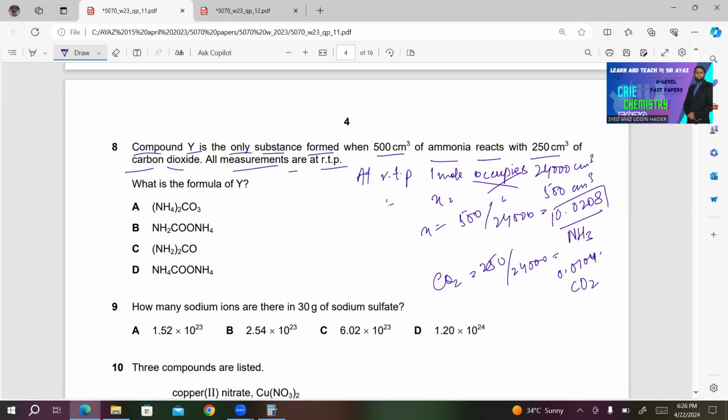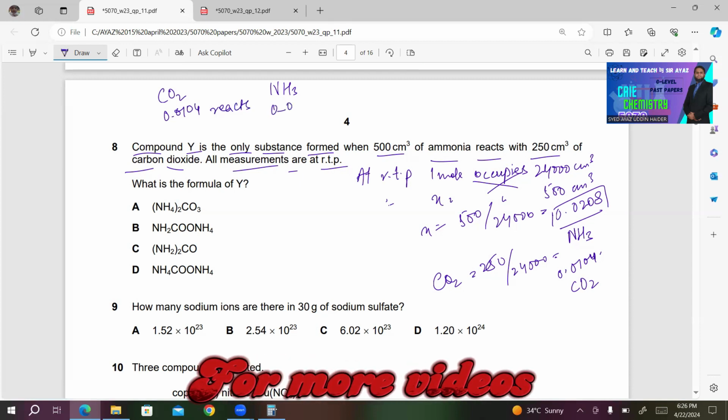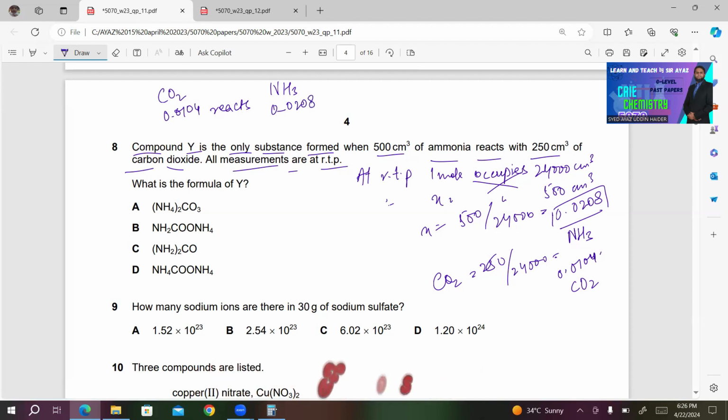So I will write here CO2 and here NH3. If 0.0104 reacts with 0.0208, then 1 mole reacts with X of ammonia.